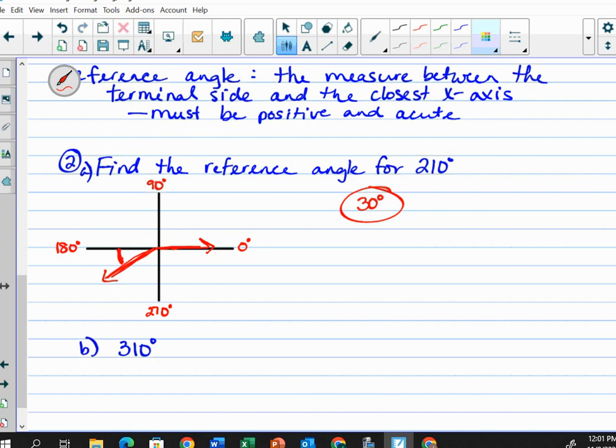Guys, you use this to help yourselves in the unit circle when you're into like weird quadrants and you can reference a first quadrant angle. So we're not going to worry about the 90 and 180 and 270. Okay. All right, guys, what'd you get for this one for 310 degrees? 50. Yes. Anybody questions on reference angles?